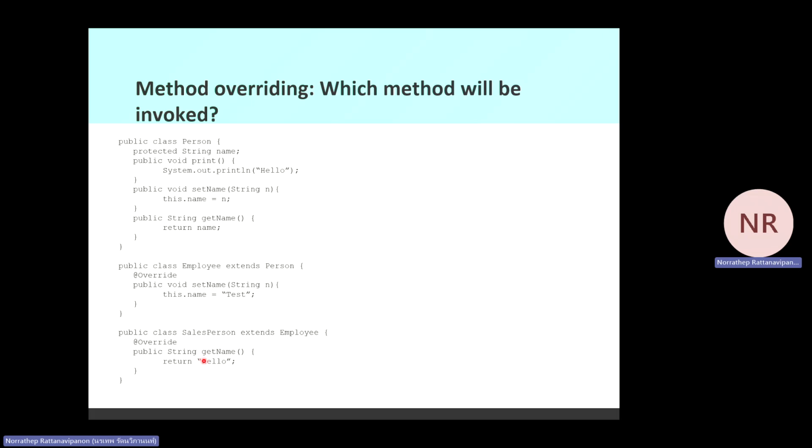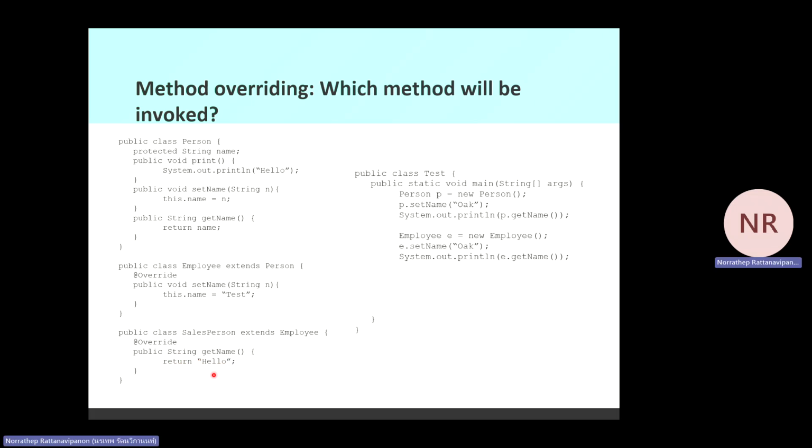Salesperson, since it is a subclass of employee, is also a subclass of the person, right? This means that it will have access to the get name method as well. But you're not happy with the get name method, so you override get name to do something else. Okay, you can do that. So if I write the test code, in this case, I create a person object P. I set name to be Oak, and I try to get name and print it here.